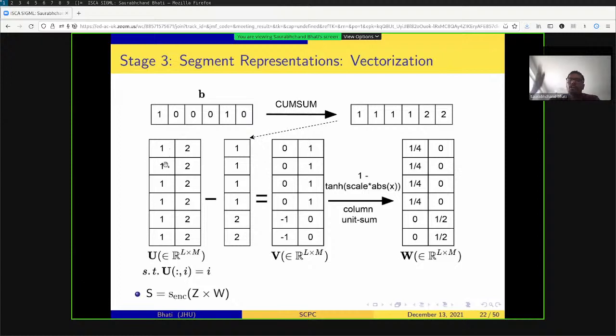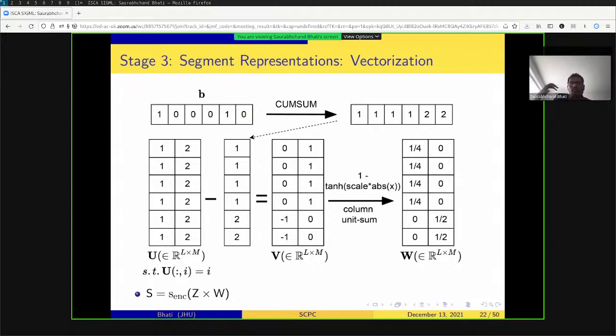So the first column is all entries of 1, the second column is all entries of 2. And if you remember the B modified vector, it is i, or the segment number, at the ith location. So if you subtract the two, you will see something like this. All the places where you were in the first segment are 0 now, and wherever you are outside the first segment, it will be something non-zero.